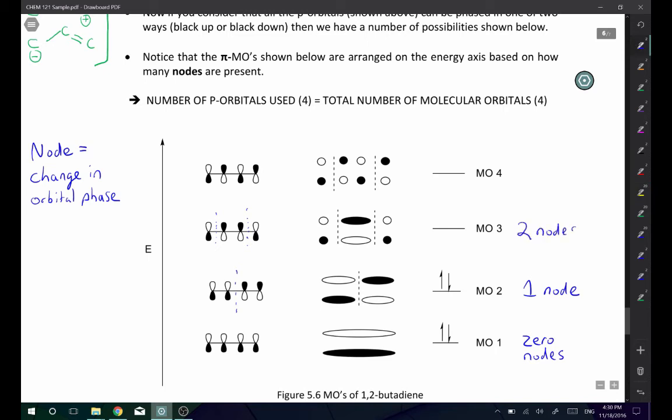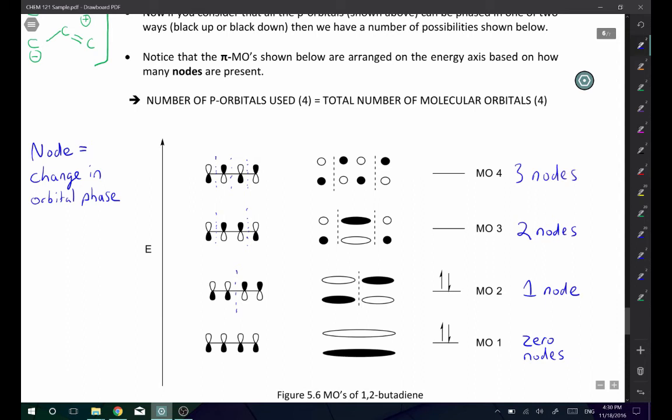And for the fourth and final molecular orbital, because we only had 4 p orbitals, so you can only have 4 molecular orbitals, you can have 3 nodes, and that's by making everything alternate. And that's a good little trick to remember. For the highest energy one, you want everything to alternate so that you're essentially having a phase change as often as you can, and that will give you 3 nodes.